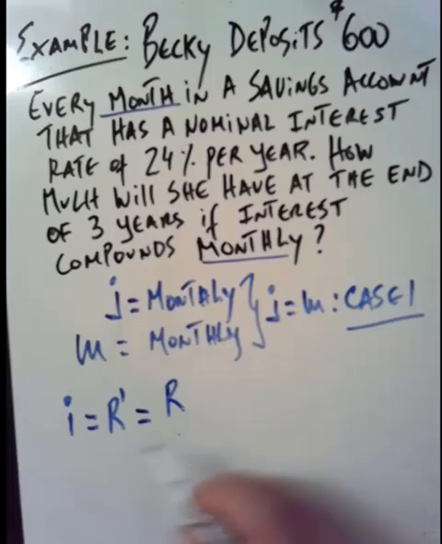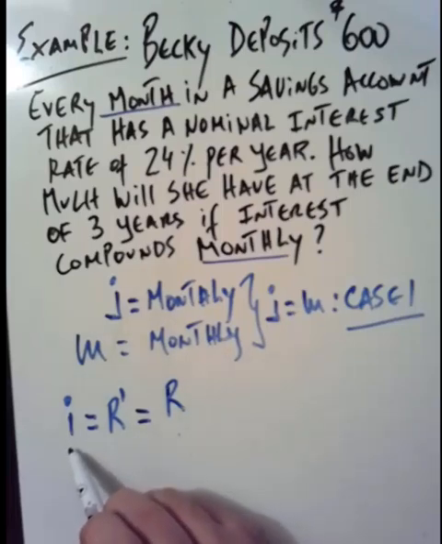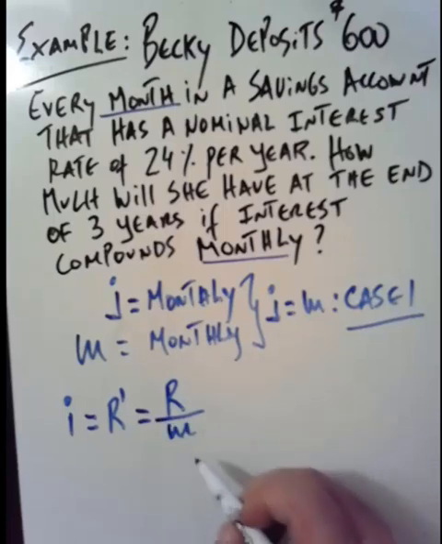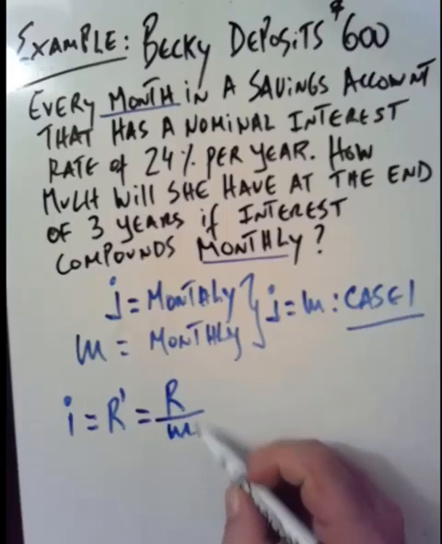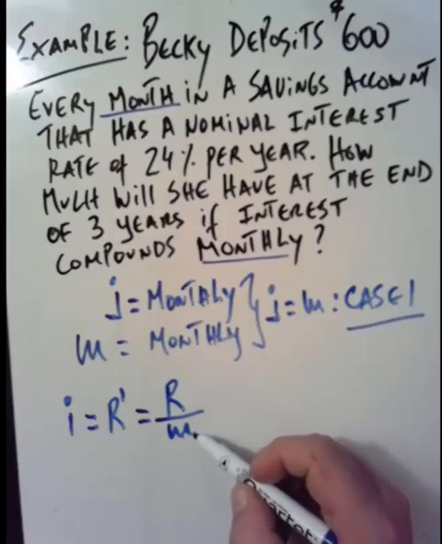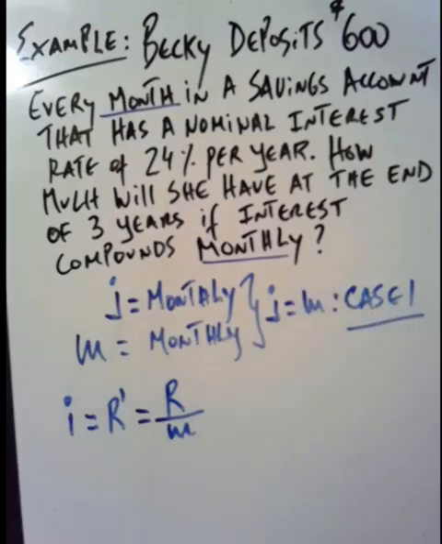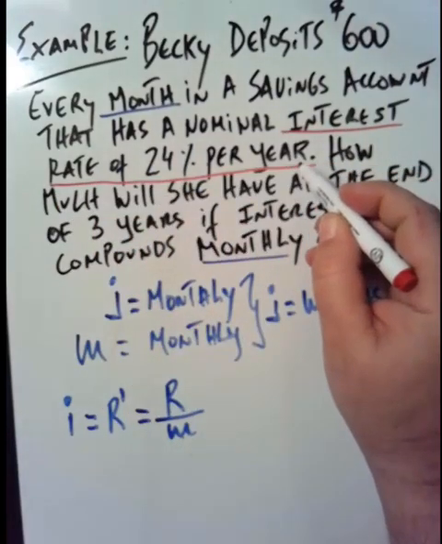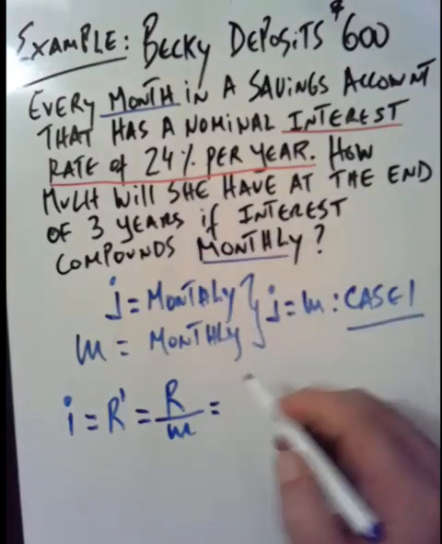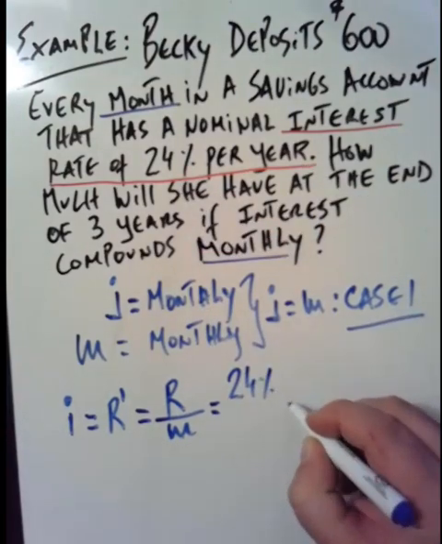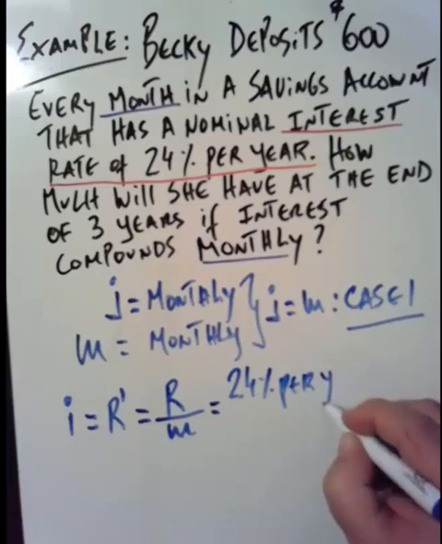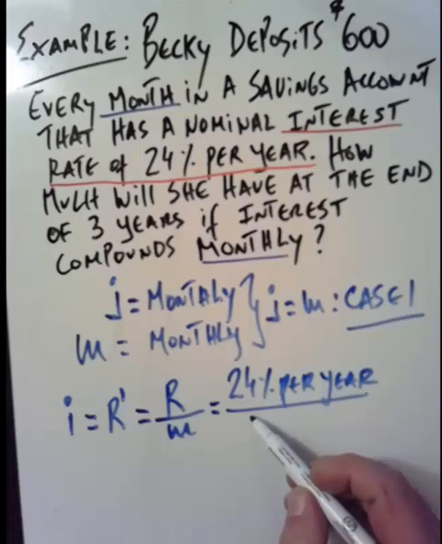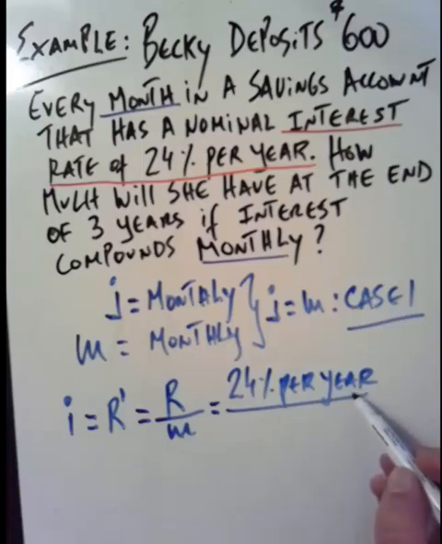So the interest rate that we should use, the effective interest rate, is equal to the quoted interest rate divided by how many cash flows there are within that time unit. Note that the interest rate is 24% per year. And how many cash flows are going to be in a year?